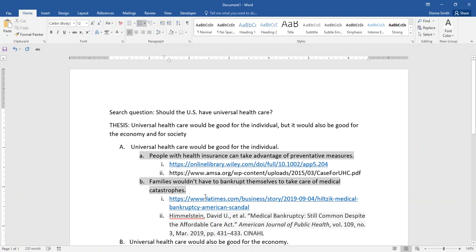Okay, so look at the connection between the generalization and the topic sentence. I say universal health care would be good for the individual. You say, why? And I say, well, for one reason, people who have health insurance can take advantage of preventative treatments.